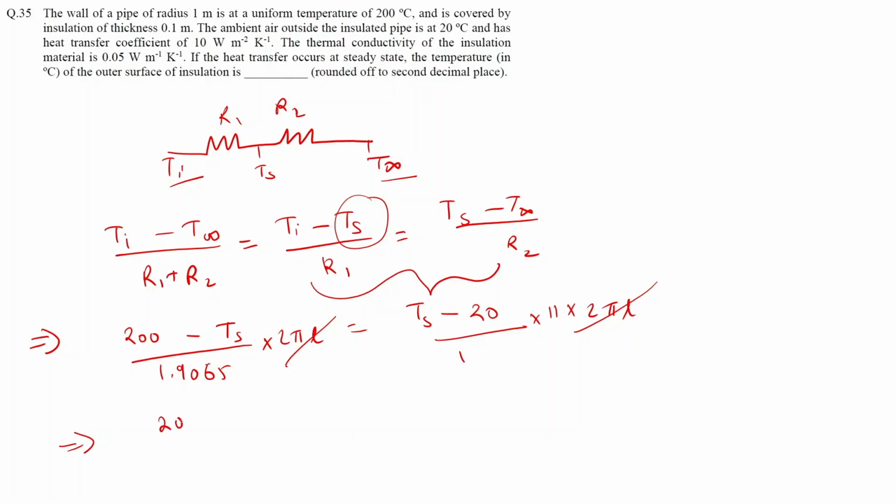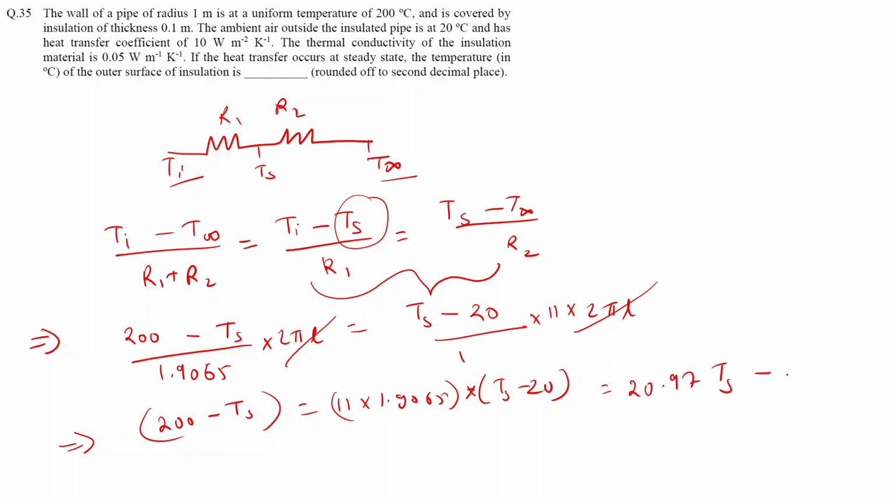Here we can write 200 minus Ts is equal to 11 upon 1.9065 into Ts minus 20. 11 upon 1.9065 will be somewhere around 5.77, so this will become 5.77 into Ts minus 20.